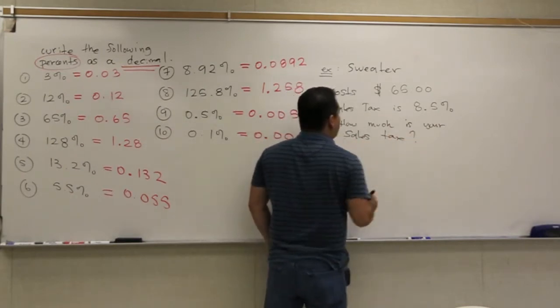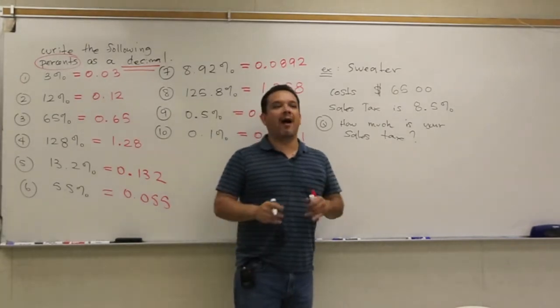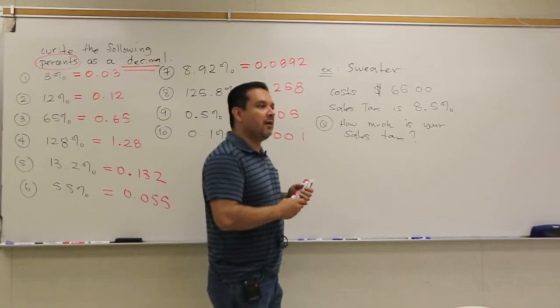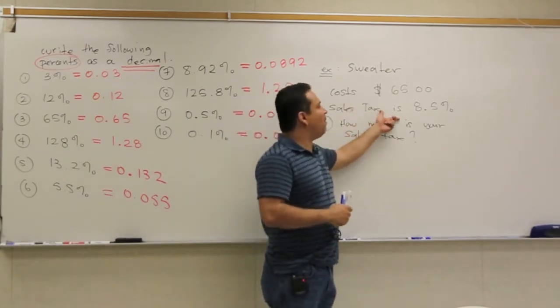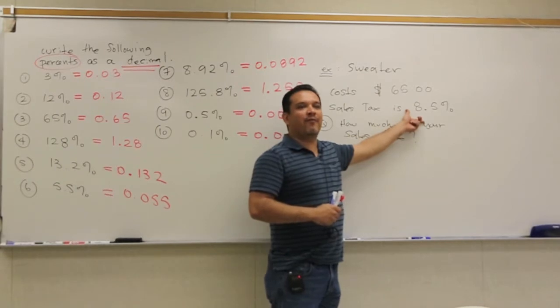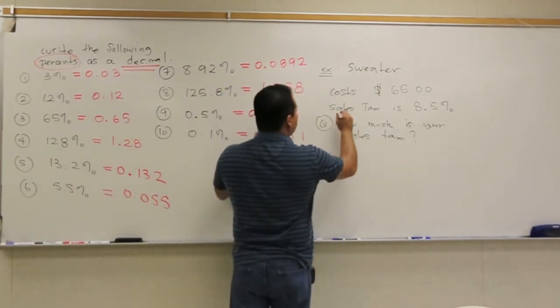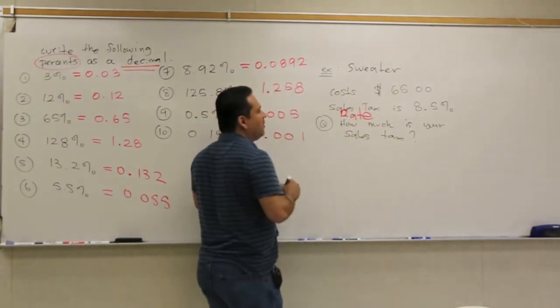Now, sales tax again is a dollar amount. Do you guys okay with that? Isn't that an amount of money? But then you said, but wait a minute, you just got through telling me sales tax is 8.5%. Well, this here is the sales tax rate. You say, what are you talking about?